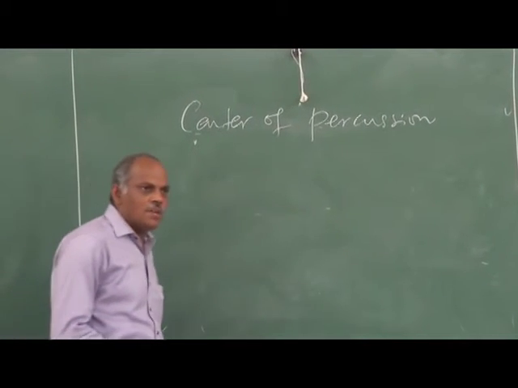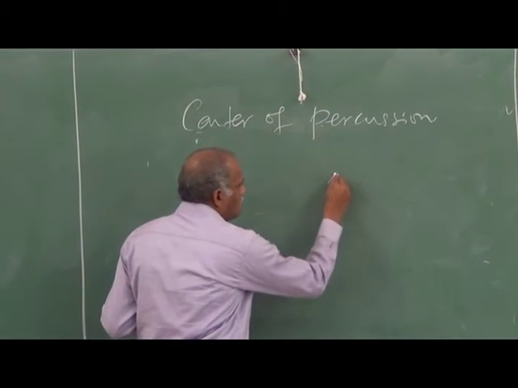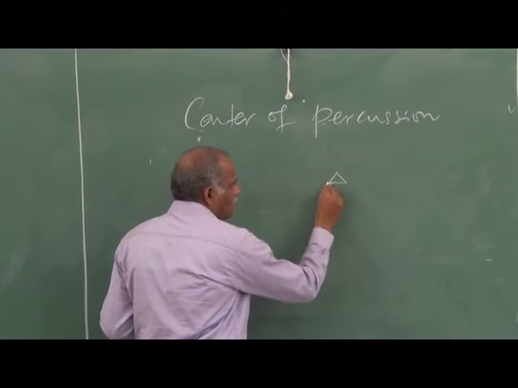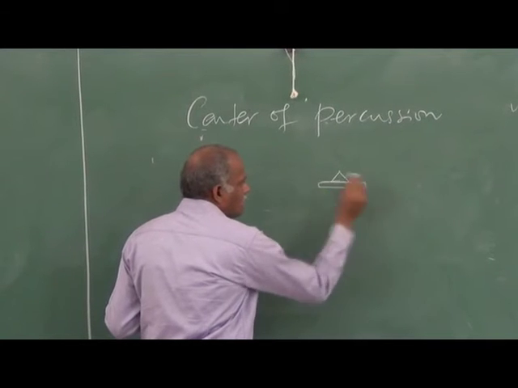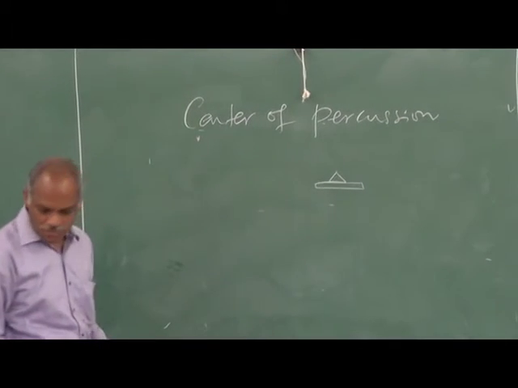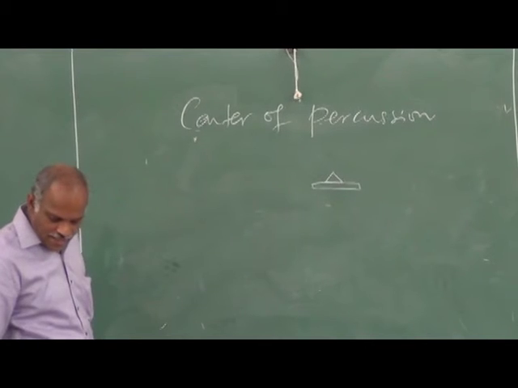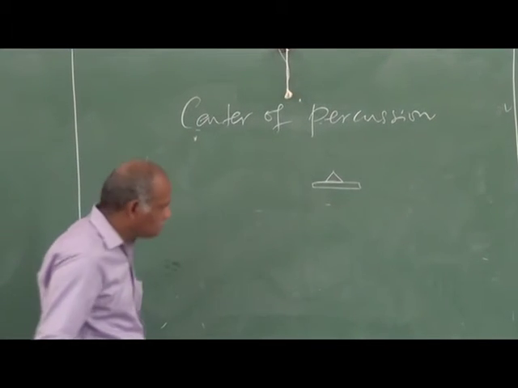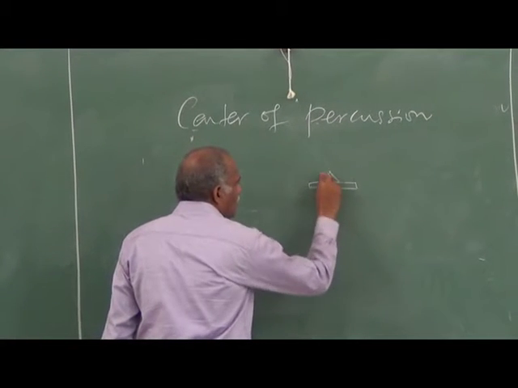To show that, you can imagine something like this. Last class I used a knife edge which was fixed on a kind of a plate. And the rigid body, like a connecting rod, was suspended from this.